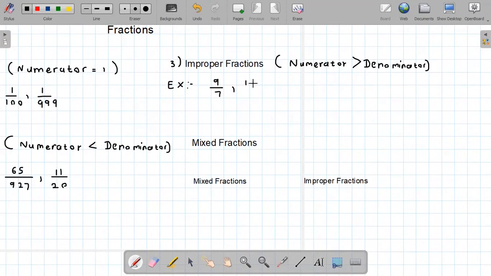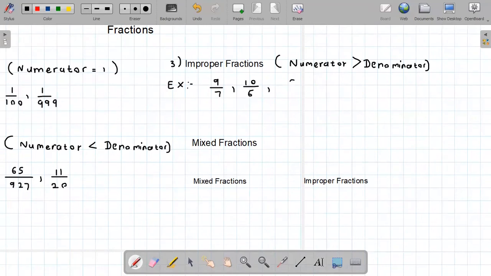What about this? 10/6. So as you can see, numerator is greater than the denominator 6, right?